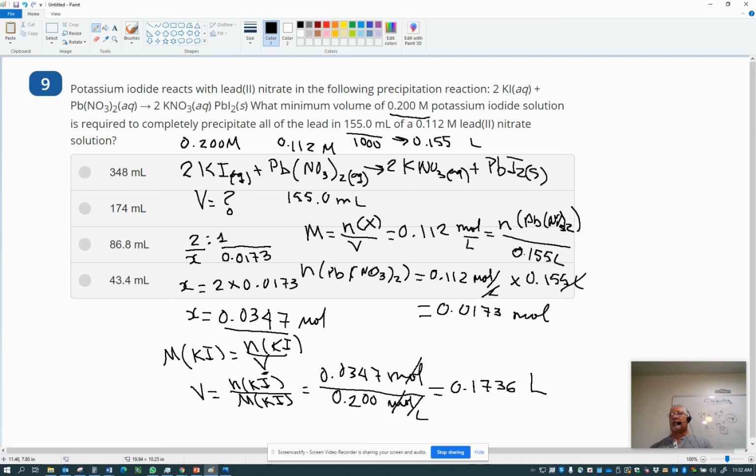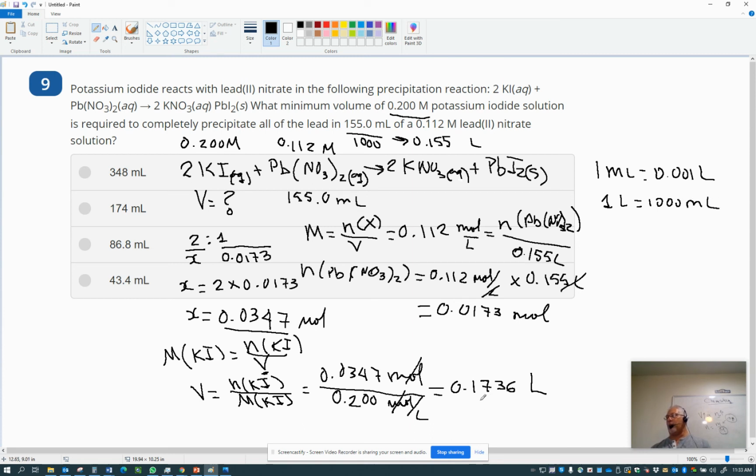But for the answer choices, as you can see here, the closest one is 174 milliliter. Why do we need to convert this to milliliter in order to match that answer? Let me write on the side here: 1 milliliter equals 0.001 liter, or 1 liter equals 1,000 milliliter.